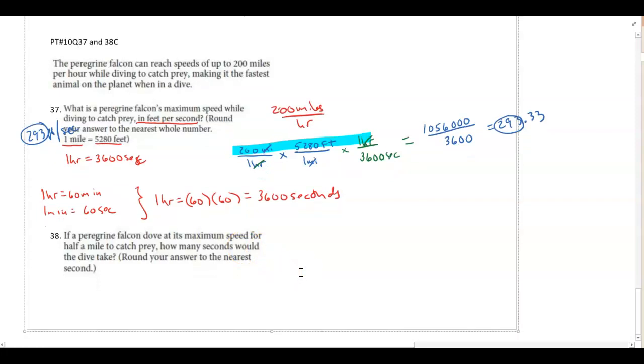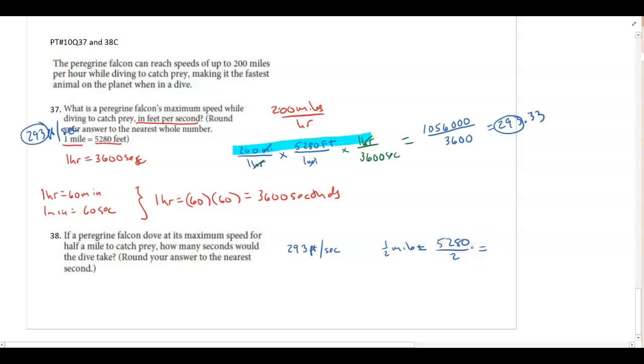Okay. Now, the last one, if a peregrine falcon dove at its max speed for half a mile to catch prey, how many seconds would it take to dive? Well, you know you go 293 feet per second, and 1/2 mile would be equal to 5,280 divided by 2.